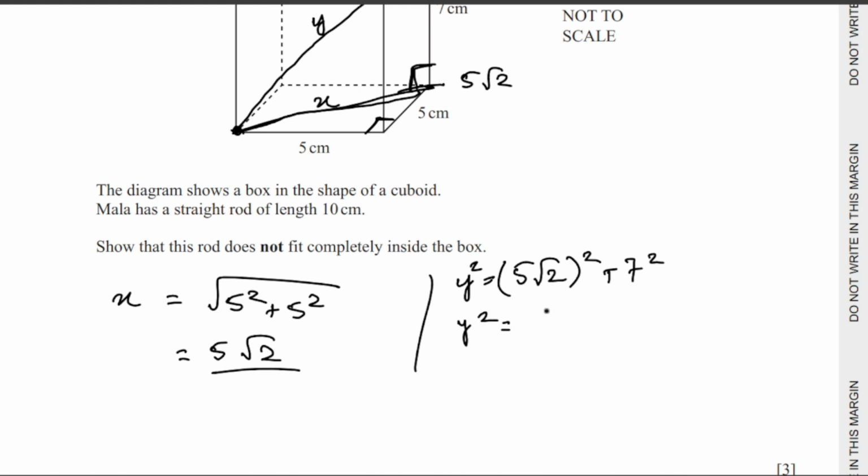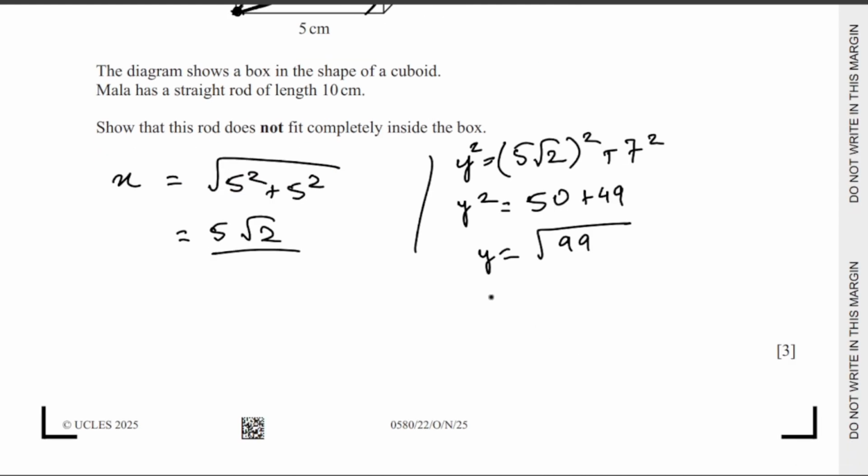So y squared would equal 50 plus 7 squared, which is 49, right? So y would equal the square root of 50 plus 49, which is 99. And the final answer, if you simplify it, would be 3 root 11, right?